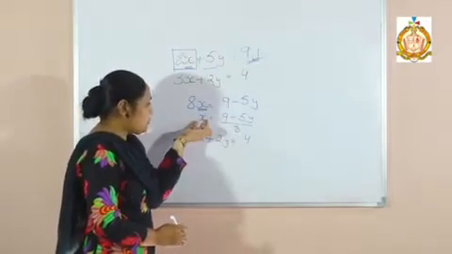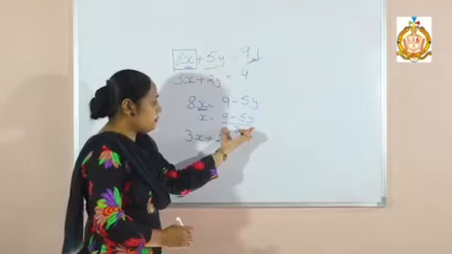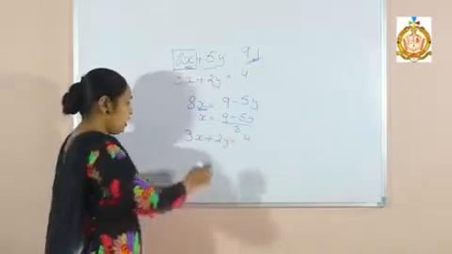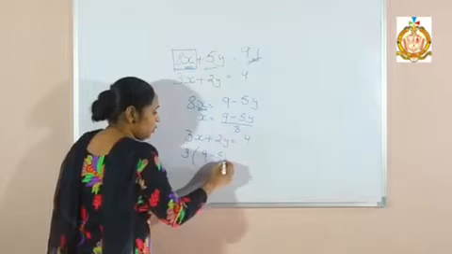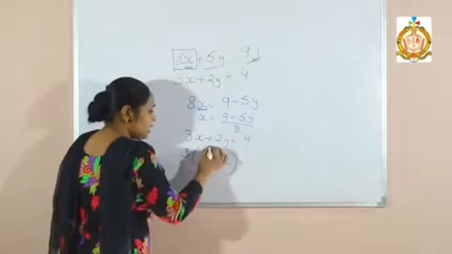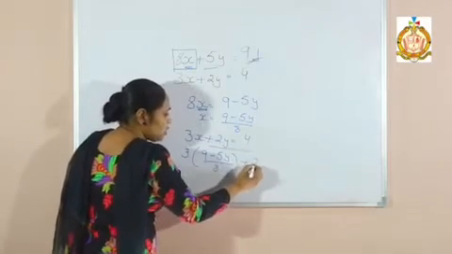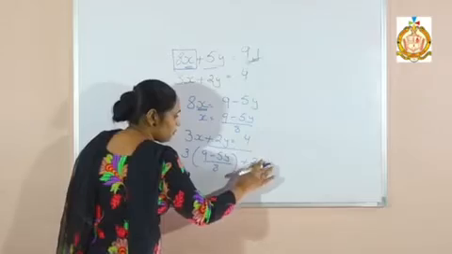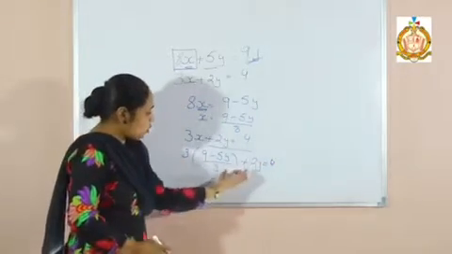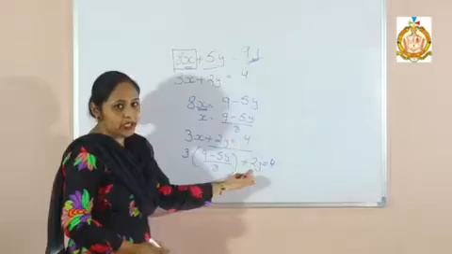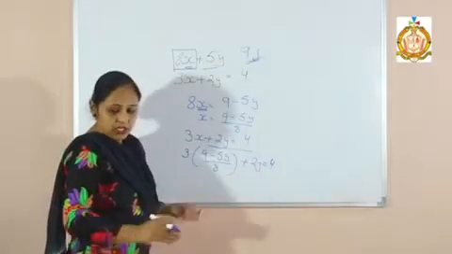That means substitution of x is 9 minus 5y upon 8. It means it becomes 3 times 9 minus 5y upon 8, plus 2y equals to 4. Now, because there is only one variable, that is the variable y, we can solve it and find it. Now how to solve it?